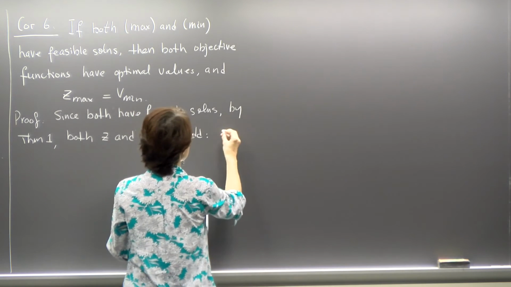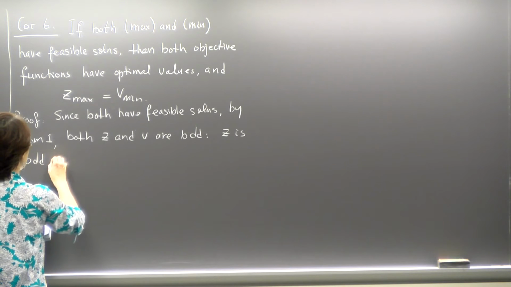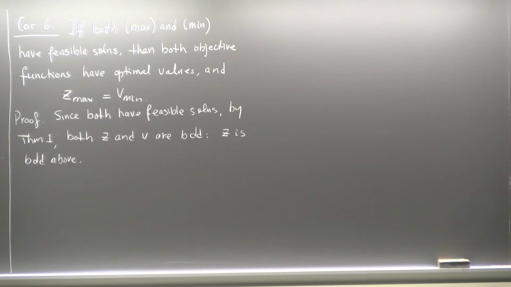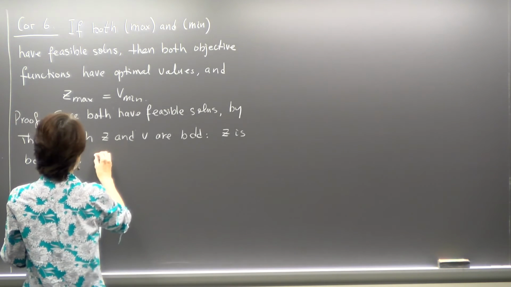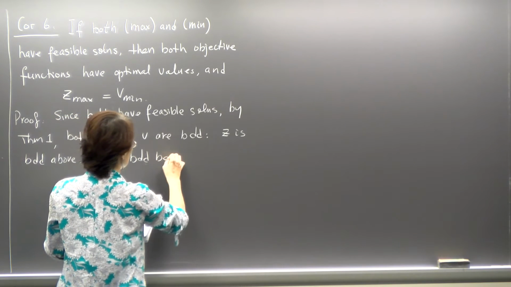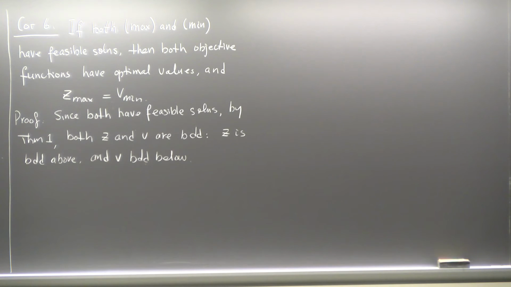And in fact, I can be specific. z is bounded above, because you see, z is this. z is less than something, which we know is finite, okay, bounded above. And v is bounded below. So if z is bounded above, and you are trying to find the maximum value, then of course it exists and is bounded. Is that right?